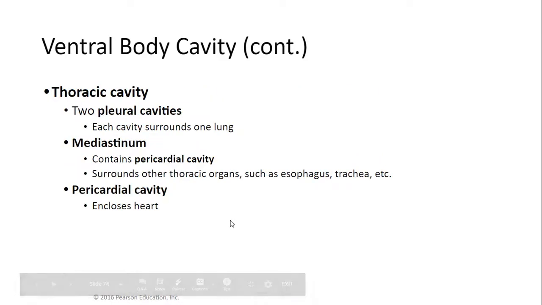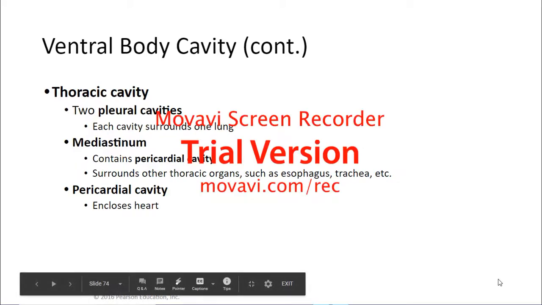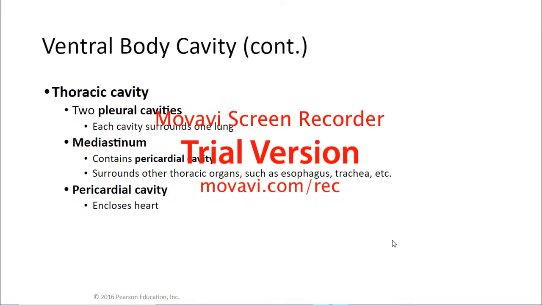Within the thoracic cavity, you have your pleural cavities, which surround the lungs. Then you have your mediastinum, which contains the pericardial cavity, which is the heart.